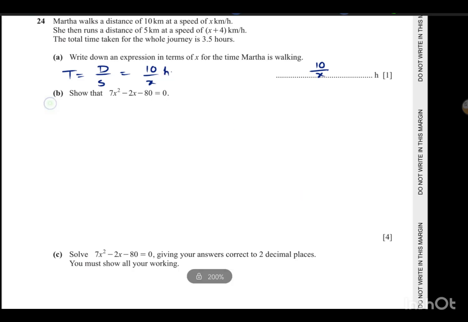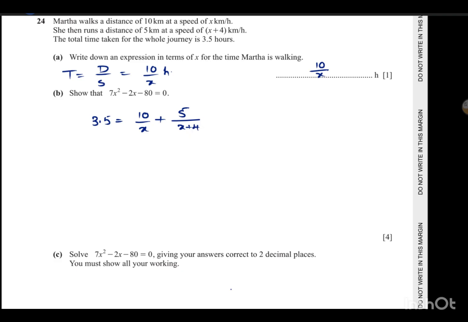Question number B. Show that 7x square minus 2x minus 80 is equal to 0. We have to show this expression using this question here. Now total time is 3.5. So 3.5 is equal to the time she took to walk, which is 10 by x, plus the time she took to run, which was 5 distance and the speed is x plus 4.